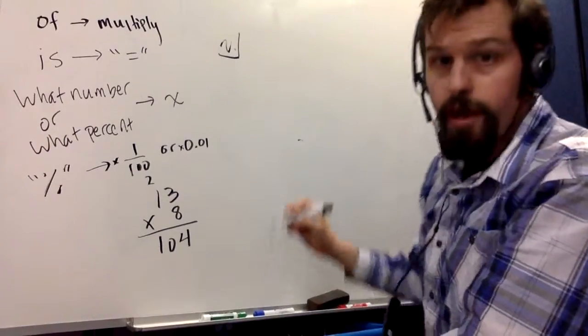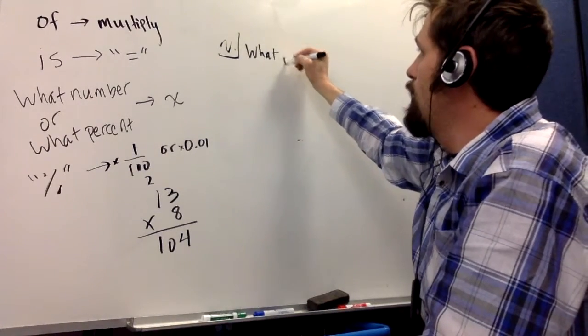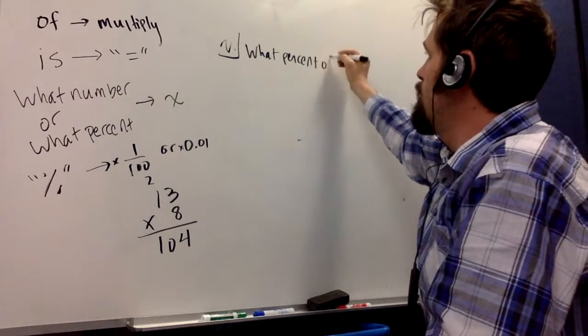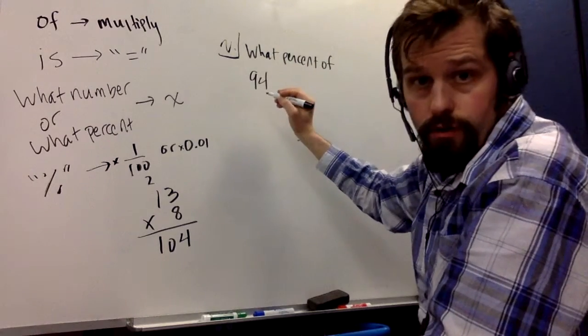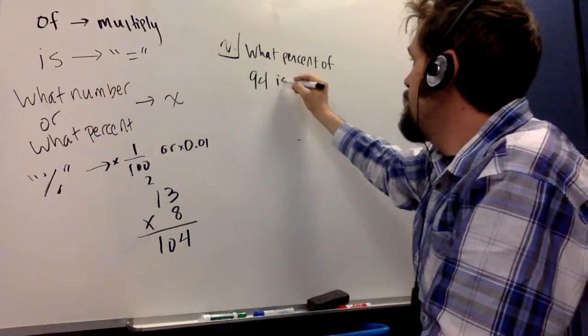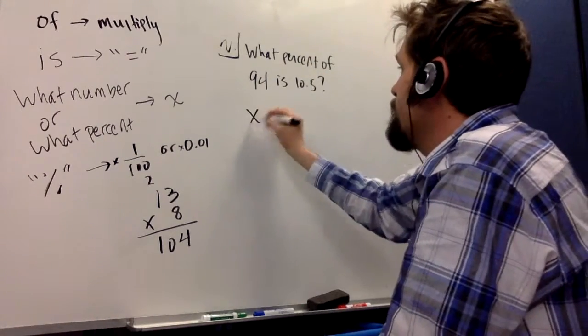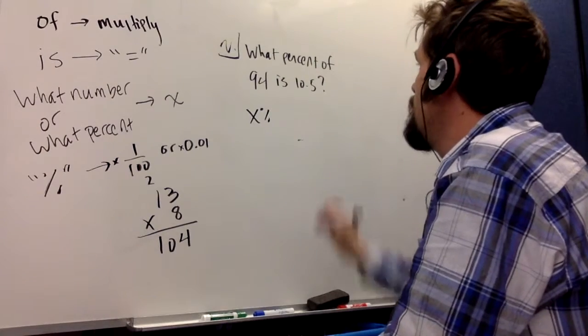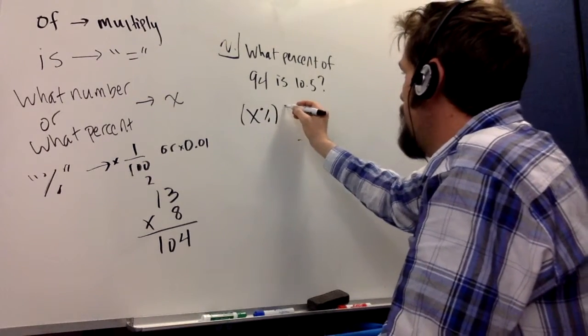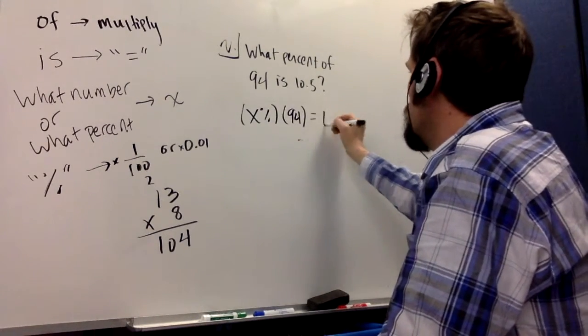B. What percent of 94 is 10.5? So x percent, that's the unknown, of is multiply, in this case 94, equals 10.5.